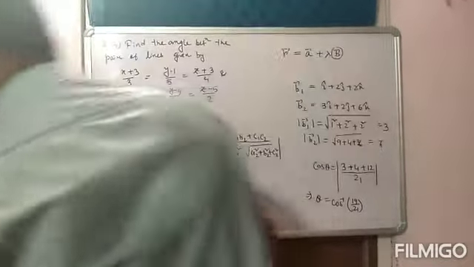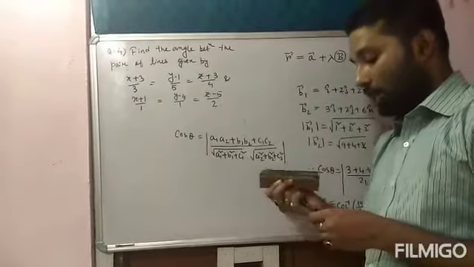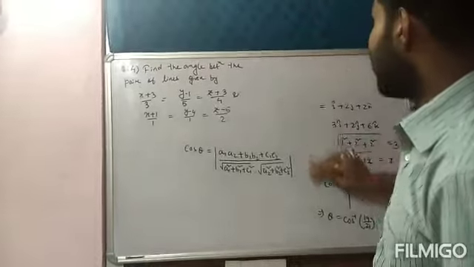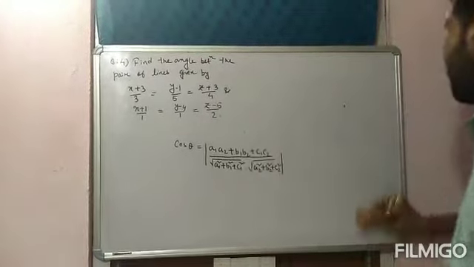Find the angle between the two lines. Now here the equations of the two lines are given in Cartesian form.